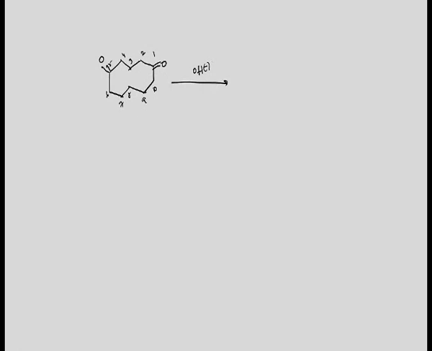Like last time we have seen in the acyclic case, the 6-member ring forms. Here also the 6 hydrogen will be deprotonated and this will react with the carbonyl group. And this becomes a 6-member ring and this also a 6-member ring. So this is quite stable. So two 6-member rings will form. So 1, 2, 3, 4, 5, 6, 7, 8, 9, 10.